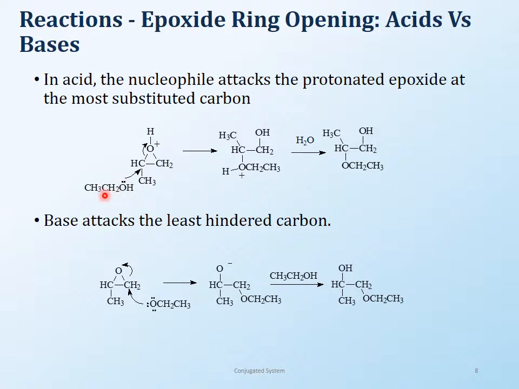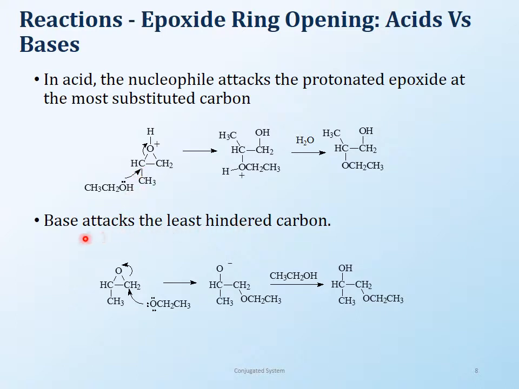If you don't need such a strong nucleophile, then you can get away with an SN1 type of mechanism, and in an SN1 type of mechanism, you need to have a carbocation that is a lot more stable, more like a tertiary. So tertiary is the most stable. So in case of acid mechanisms, you will find that the nucleophile will attack the more substituted carbon. In the base attacks, things are a little bit different.